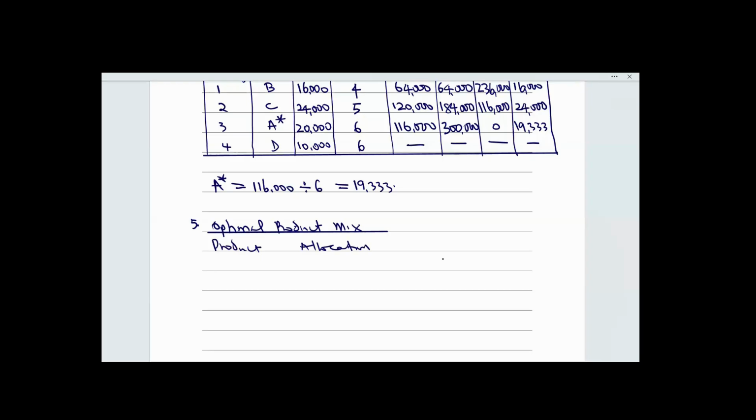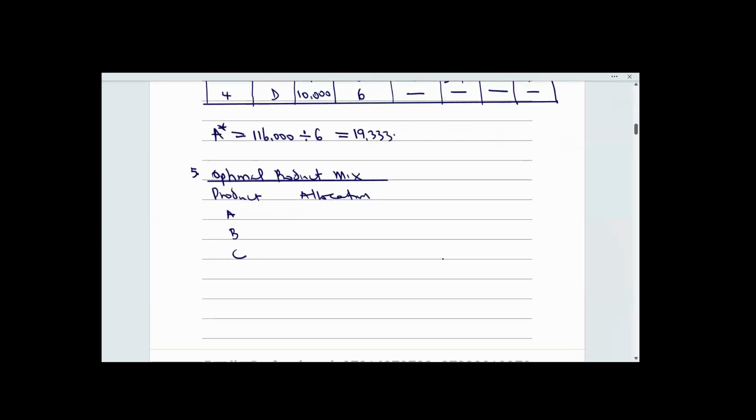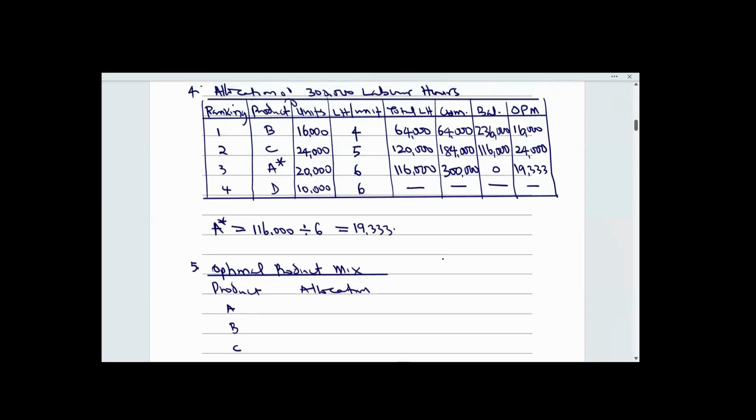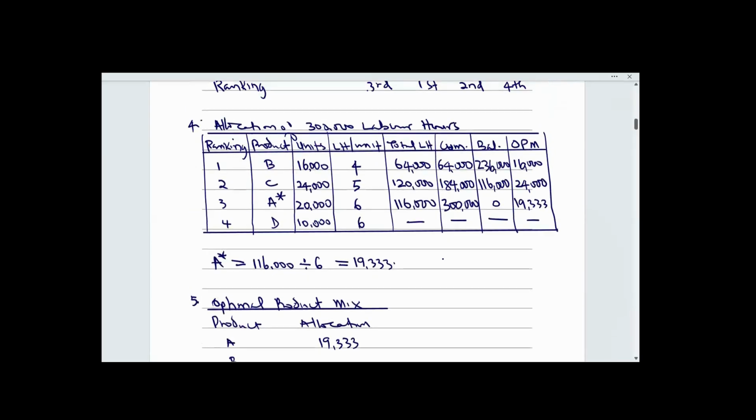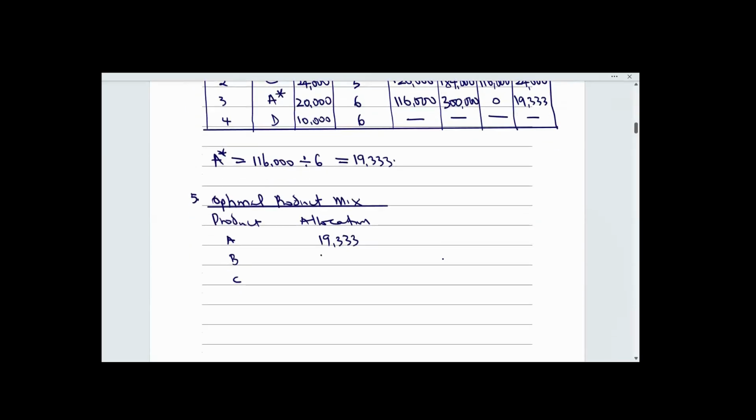To maximize contribution for product A, B, and C, you are not going to produce anything for D because you don't have sufficient resources to produce D. So for product A, we are producing 19,333. For B, we are producing 16,000 units.